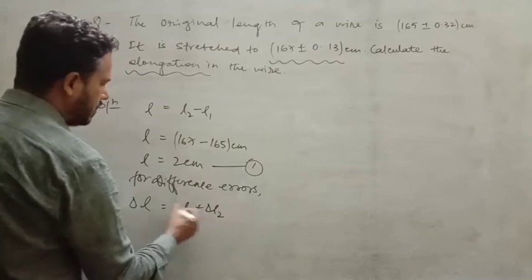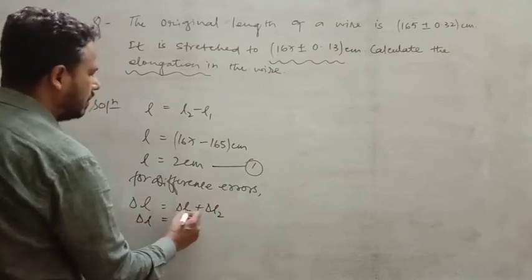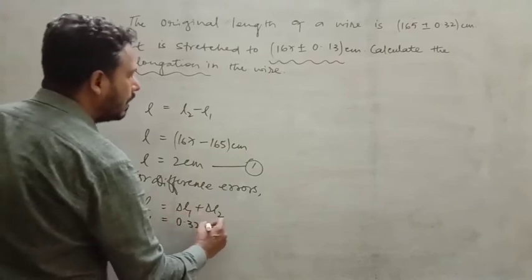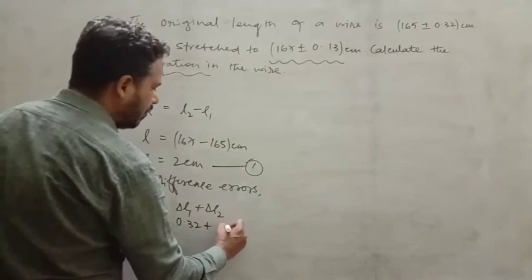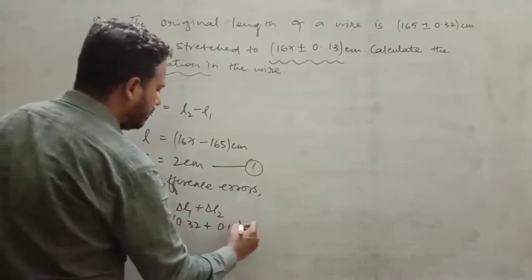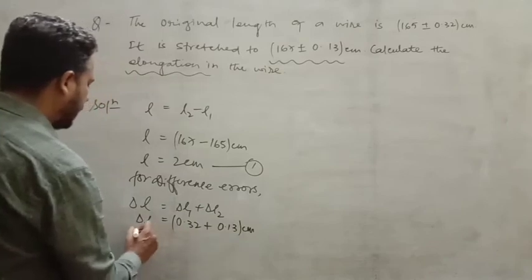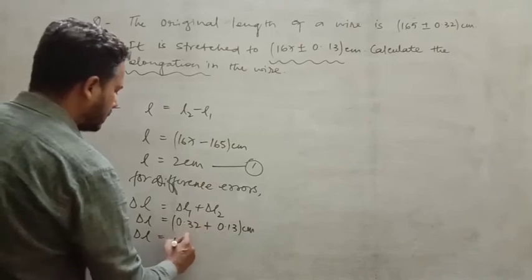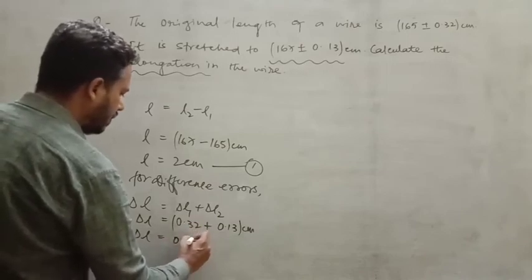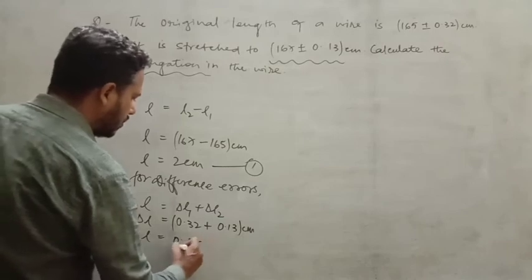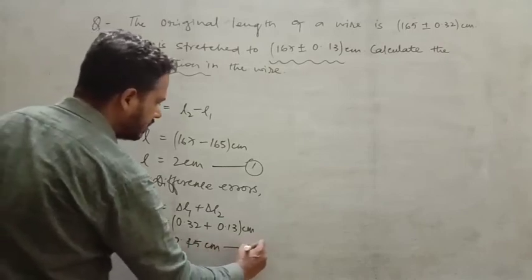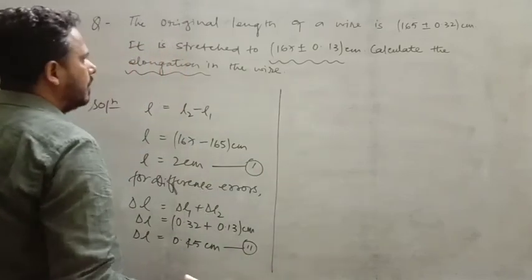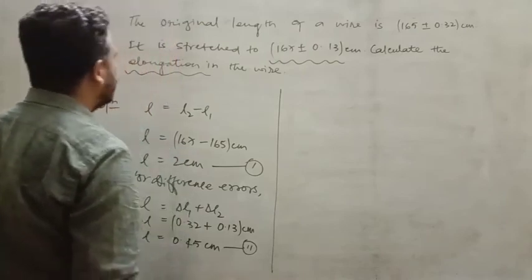So your delta L is equal to delta L1, which is 0.32, plus delta L2, which is 0.13, and you take the sum in centimeter. So delta L will be 0.45 centimeter. Equation 2.